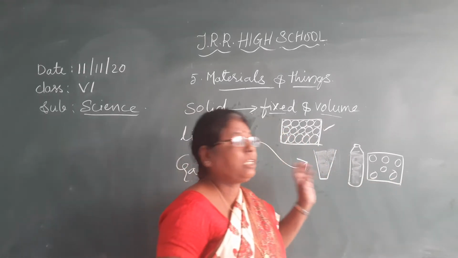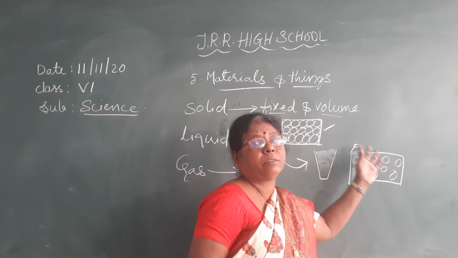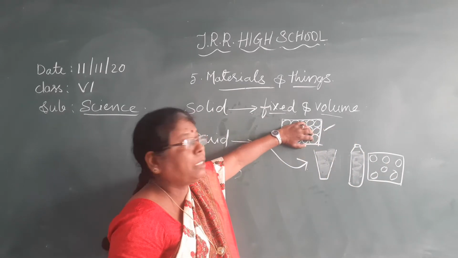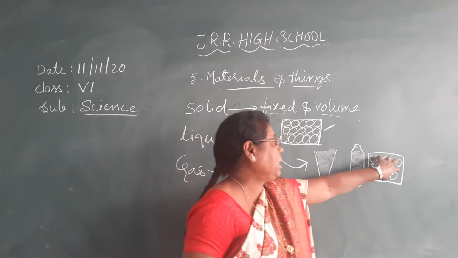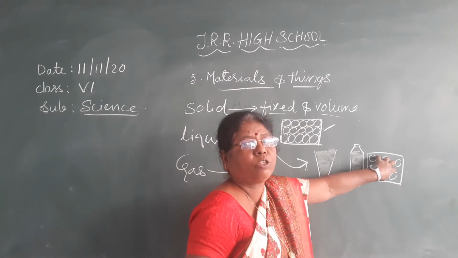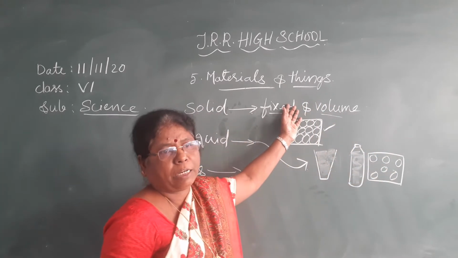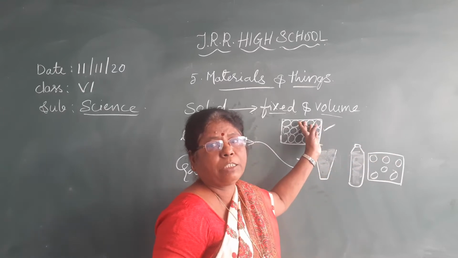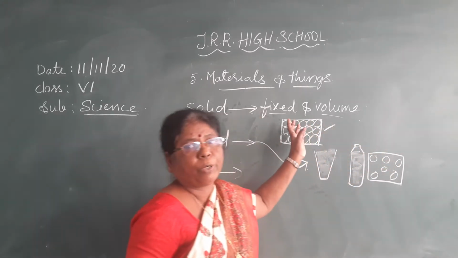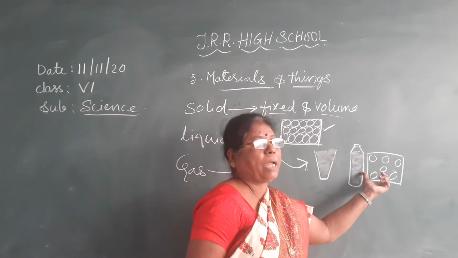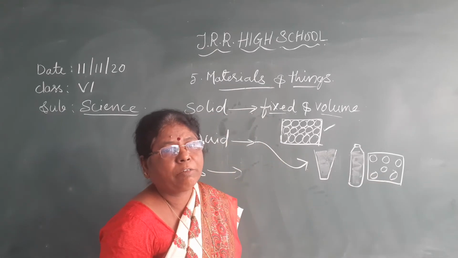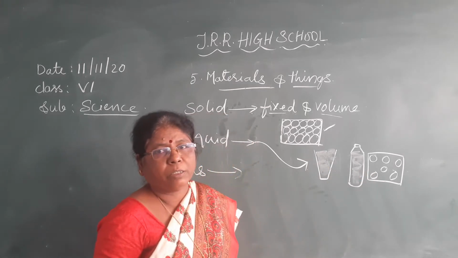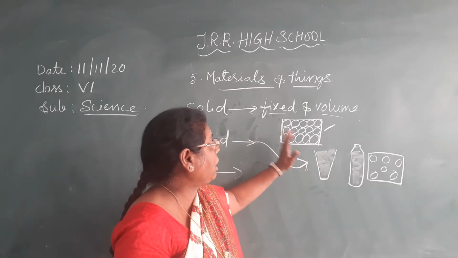The intermolecular space is more than in solids, and the force of attraction between the molecules is less compared to solids. Molecules are loosely packed. This is the reason why liquids take the shape of the container or vessel. Understood? So these are about liquids.